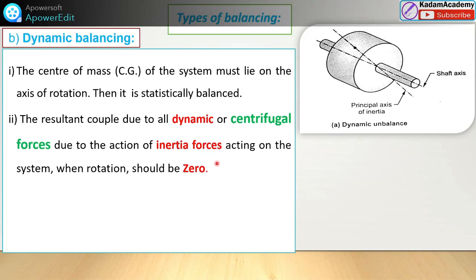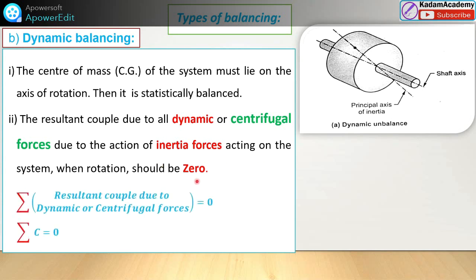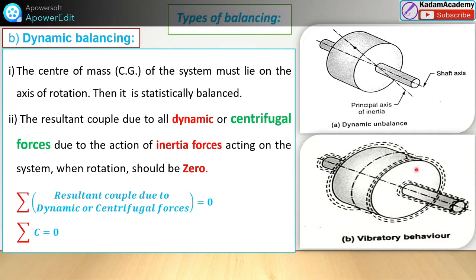If the summation of all the resultant couples due to the dynamic or centrifugal forces is equal to 0, then both conditions are satisfied, static balance and dynamic balance. Hence dynamic balancing is there. If not balanced, then what will happen? This vibratory behavior will occur, and that will be harmful to the body, all the bearings, the whole system, and noise will be created and life will be decreased.